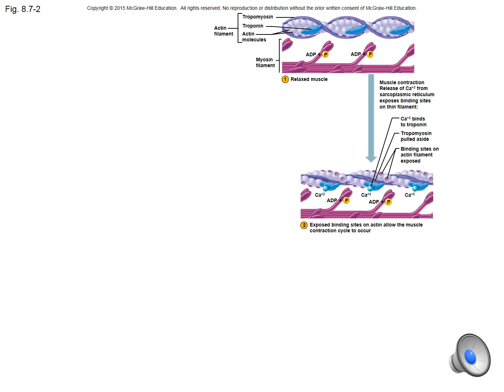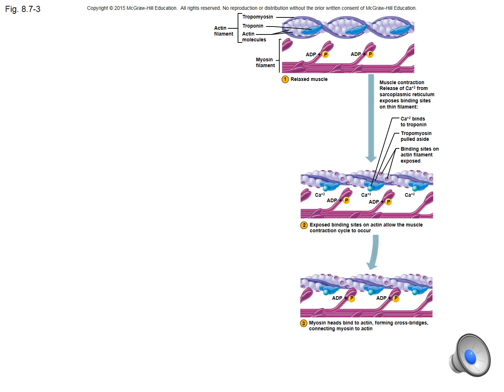So now, in that second picture, it says exposed binding sites on actin allow the muscle contraction cycle to occur. So those exposed sites on the actin are where the myosin head is going to bind. So here we see the myosin heads bind to the actin, forming cross bridges. When the myosin makes contact with the actin, that is called a cross bridge.